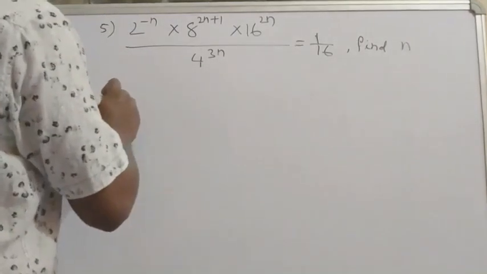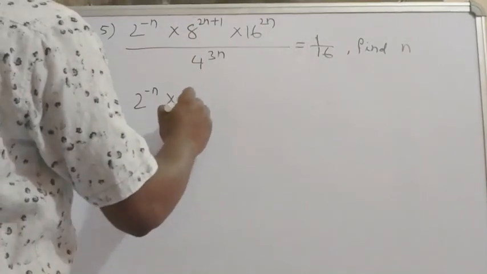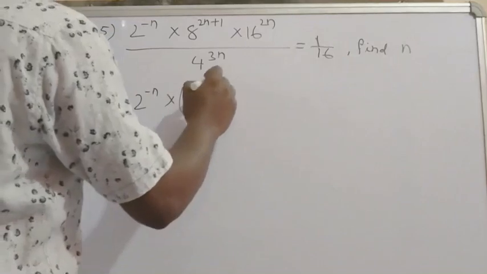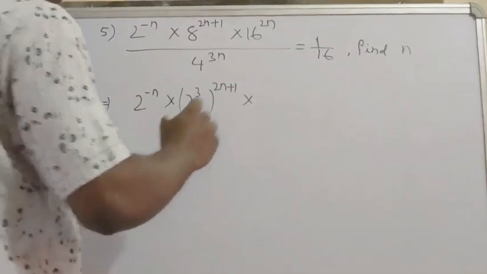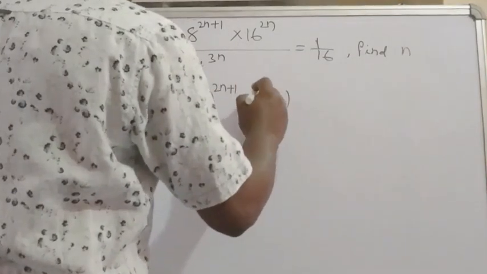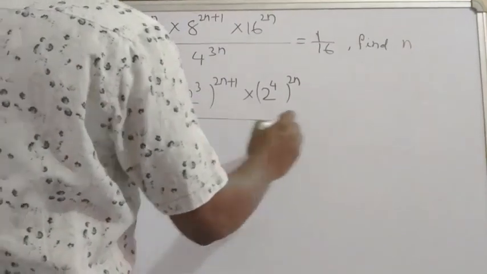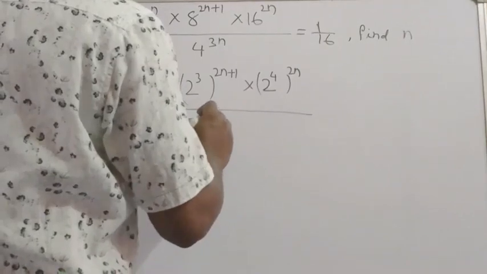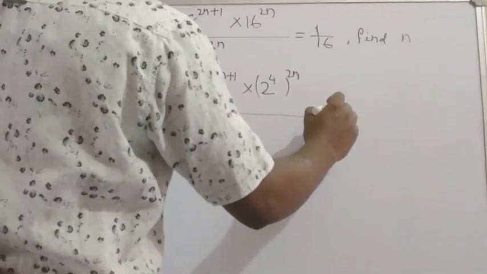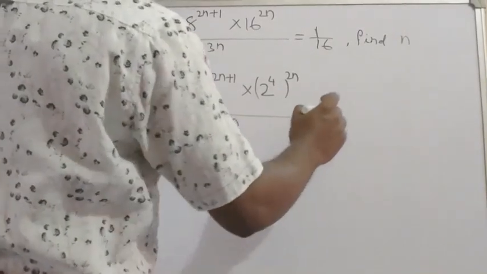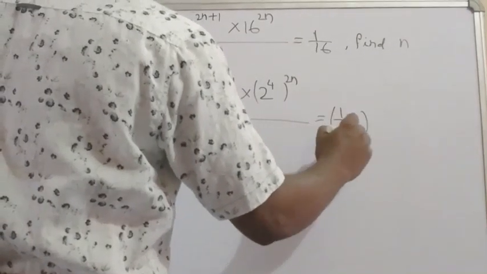So here 2 is already there, 2 to the power minus n. 8 we can write 2 to the power 3 to the power 2n plus 1, into 16 we can write 2 to the power 4 to the power 2n, all divided by 4 we can write 2 to the power 2 to the power 3n is equal to 1 by 16. 1 by 16 also in the power of 2 we can write 1 by 2 to the power 4.